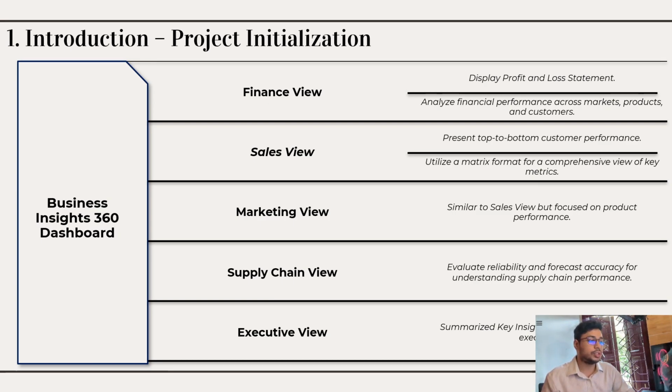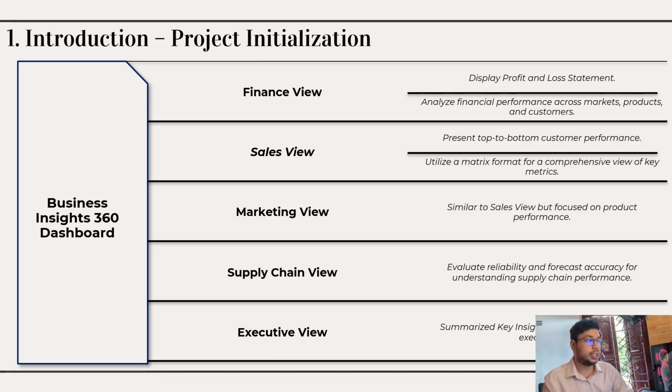Based on all this information, the sales executive can give more products or fewer products to the retailer, or do many other optimization works. The sales view will also have a scatter plot matrix with key metrics, and all those key metrics will enable the sales executive to make proper strategic decisions.